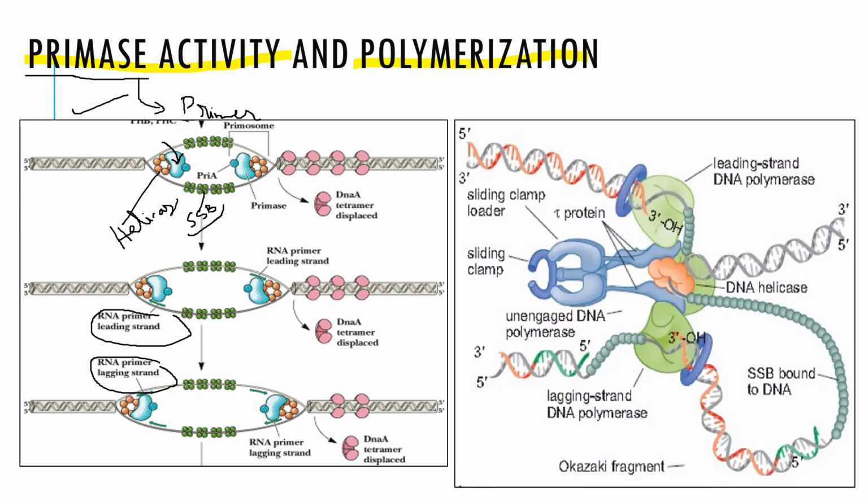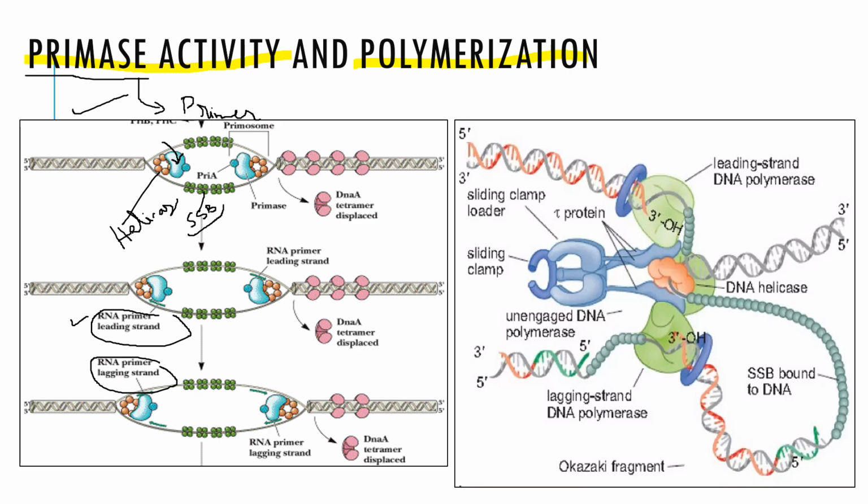In this case, the RNA primer is formed. Whether a DNA primer or RNA primer is formed, the polymerization process is not affected, and DNA polymerase can perform its function smoothly. In vivo, an RNA primer is formed, but in vitro we use a DNA primer, like in the case of PCR. So whether DNA primer or RNA primer, it doesn't matter.